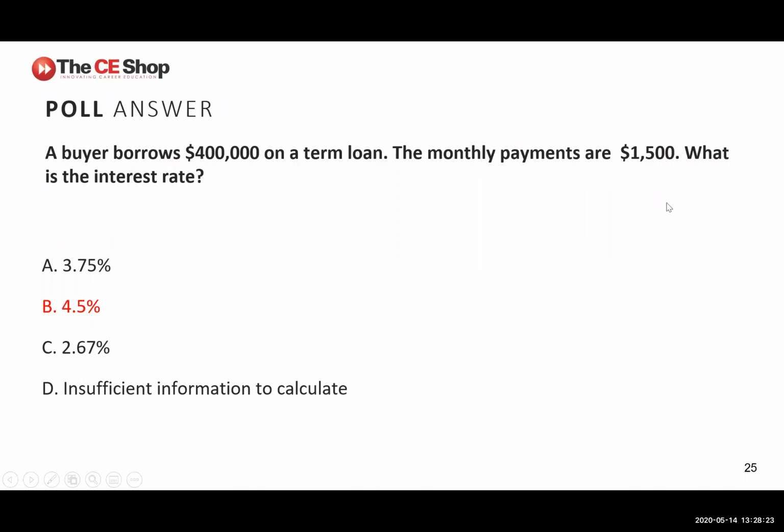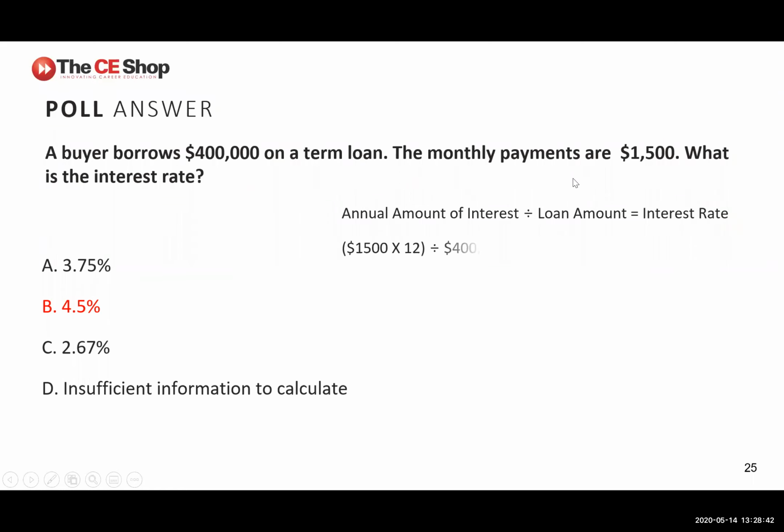So 4.5% was the correct answer on that one. Those of you in the B column got it right. You got the annual amount of interest divided by the loan amount equals the interest rate.